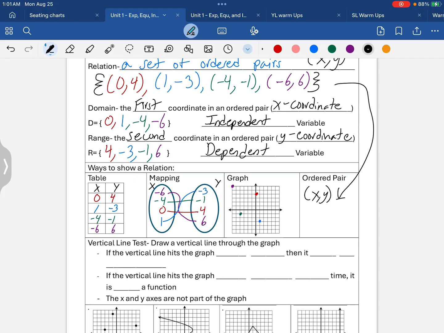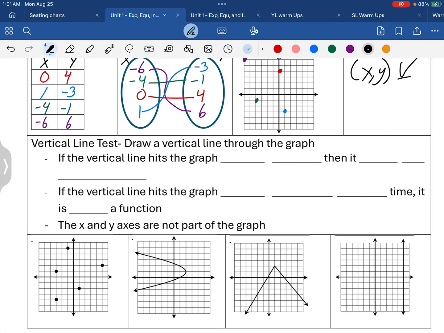So when you have a function and it's given on a graph, you can do what's called the vertical line test, where you draw literally a vertical line through the graph. So if the vertical line hits the graph one time and only one time, then it is a function.